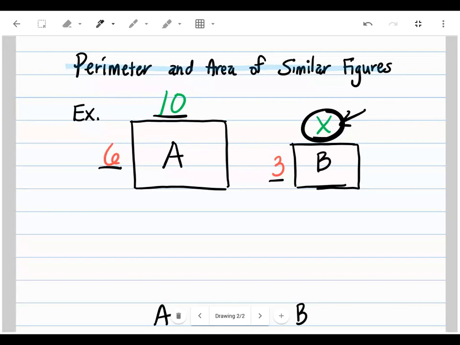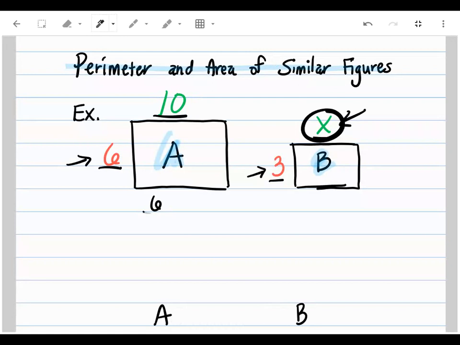All right, so to do that, we use something we learned in 7th grade, and that is how to write a proportion. Now, remember, if these two rectangles, rectangle A, rectangle B, are similar, then their corresponding sides make equal ratios. So if you'll take a look, I purposely wrote 6 and 3 in the same color because they're corresponding sides.